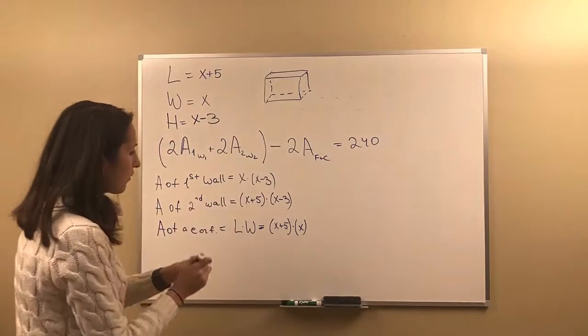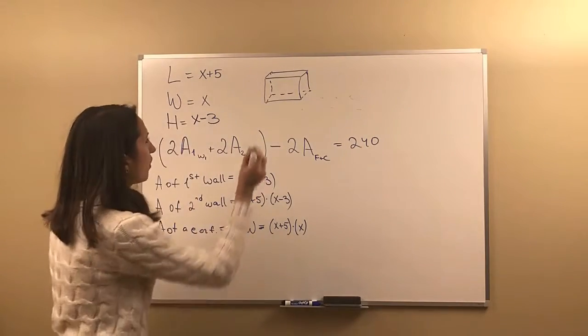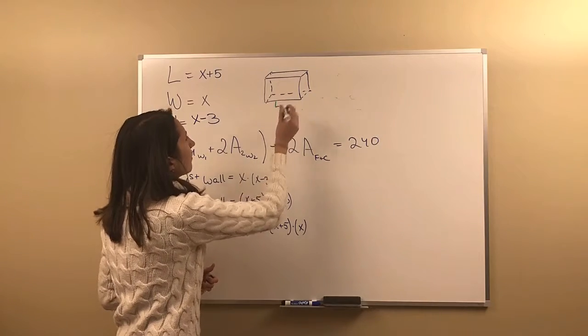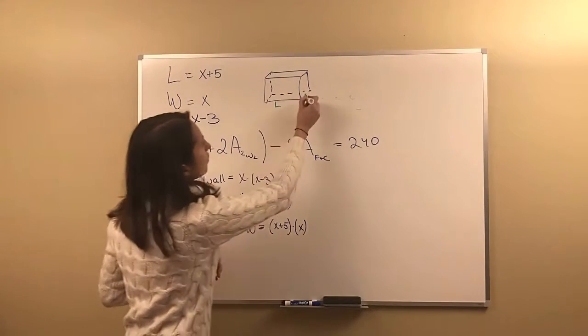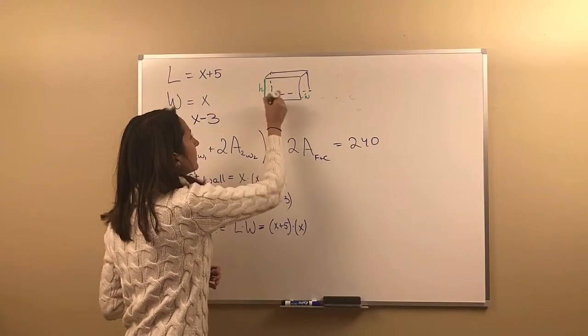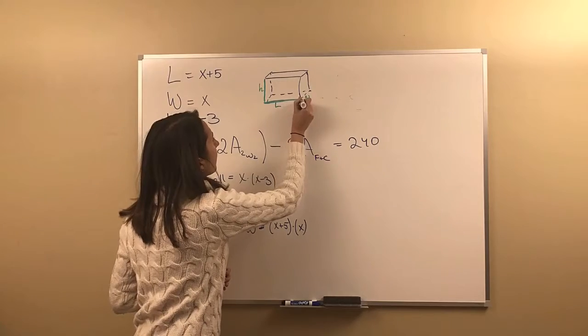We know that for the room, this is length, this is width, and this is height. Height, length, and width.